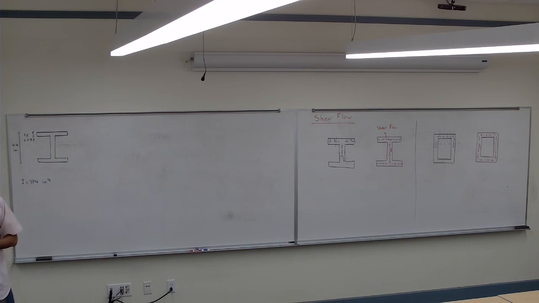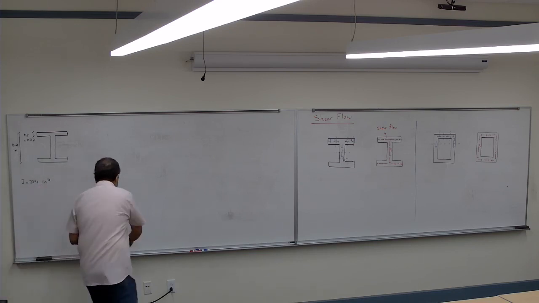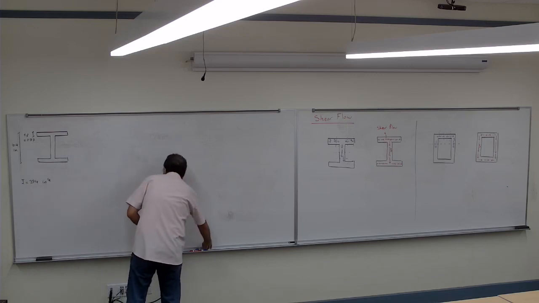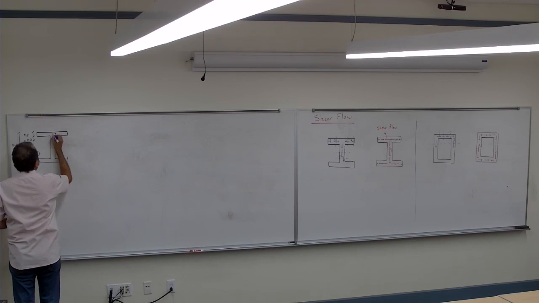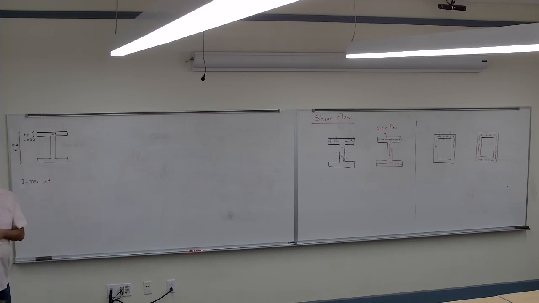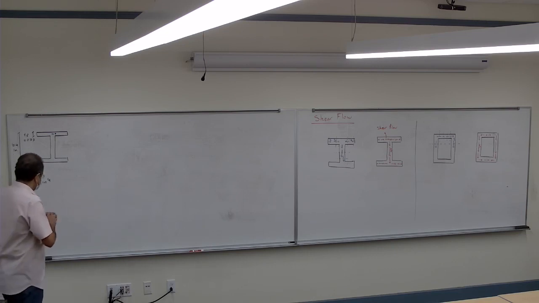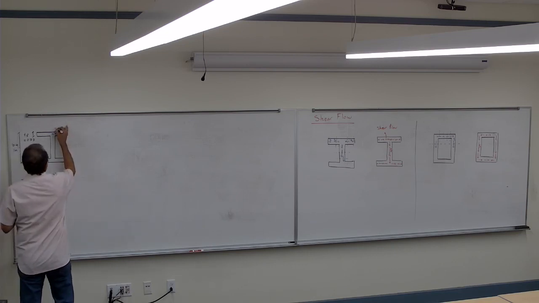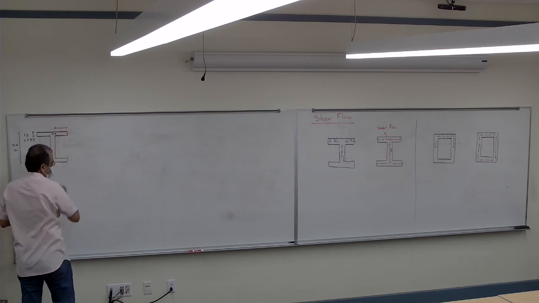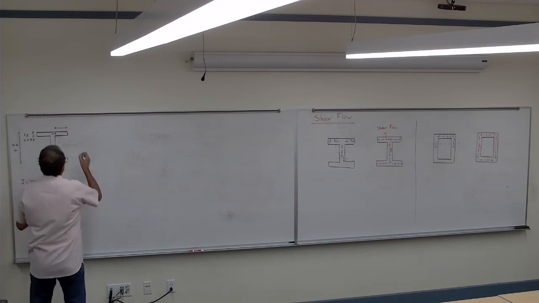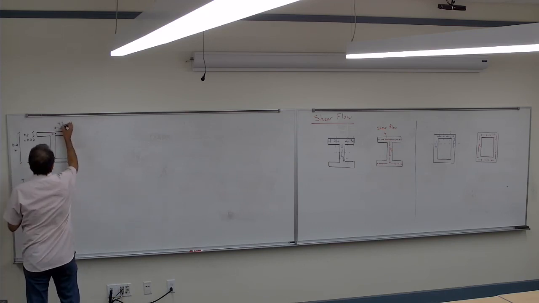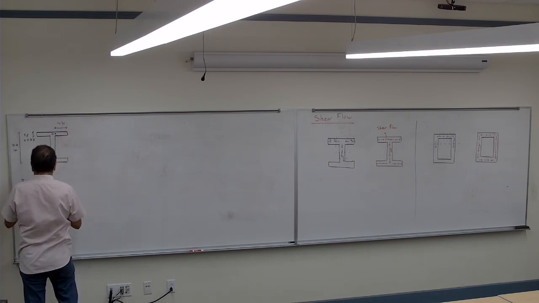there is a point assumed at A. There's a point here, call it A. And that point is located 4.31 inches away from the edge.